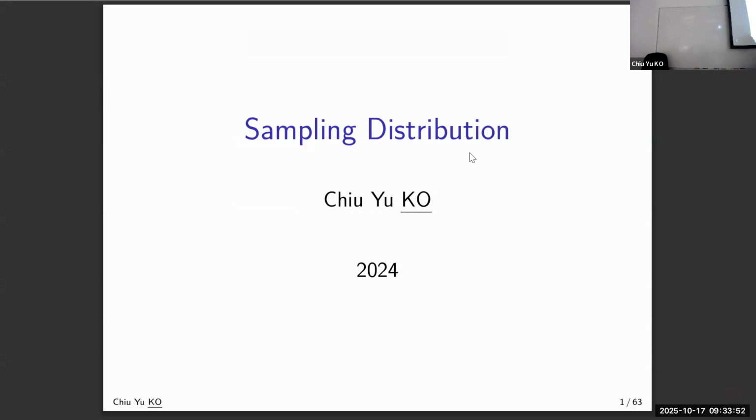So what is this chapter about? It's about sampling distribution. The reason is that we are collecting data, and the data we collect is not something we know before we collect it. What you collect, we will model as a random process, a random variable.